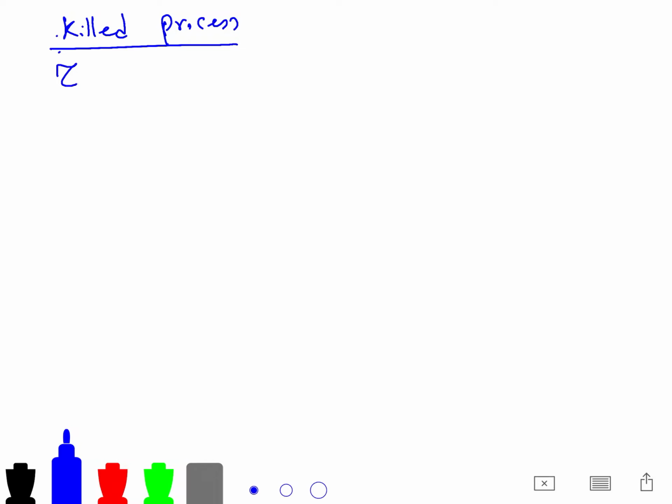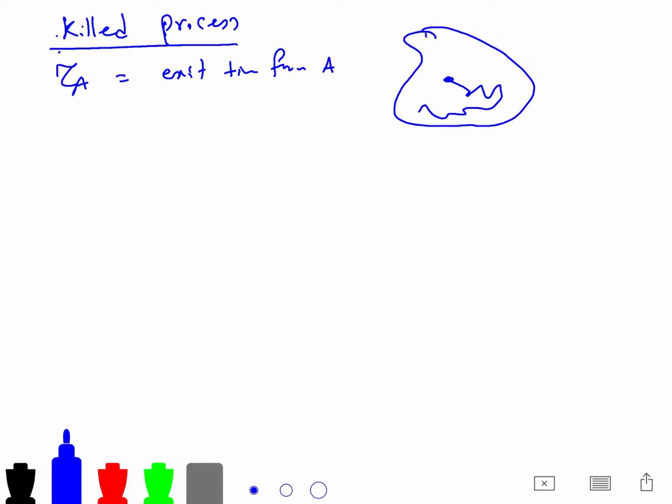So tau A is the first exit time from A. For example, the first time that we exit: the random walk goes here, and then here it exits and goes out.